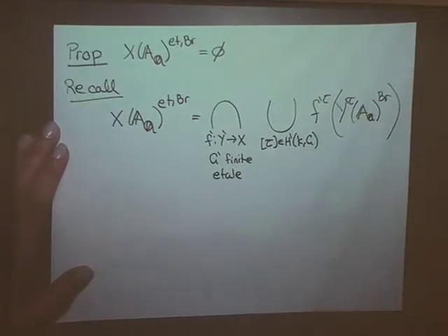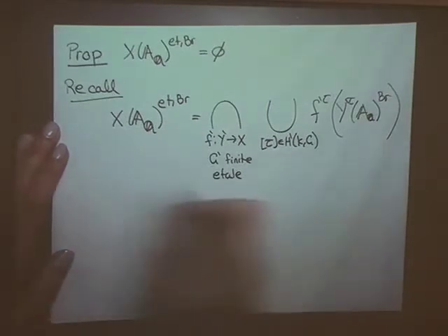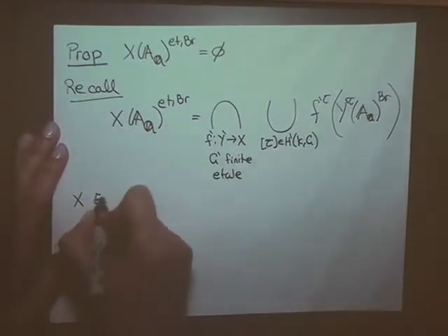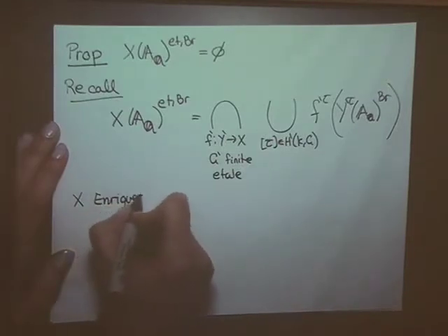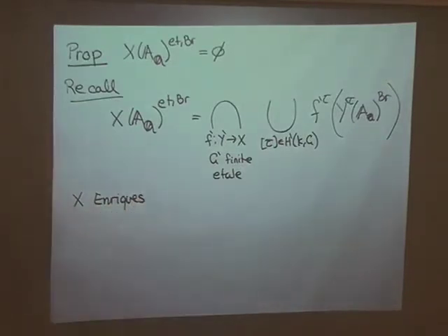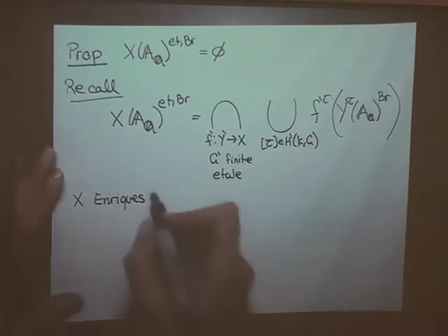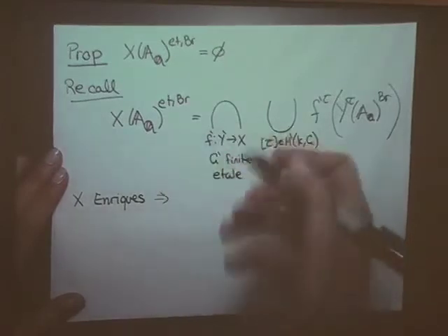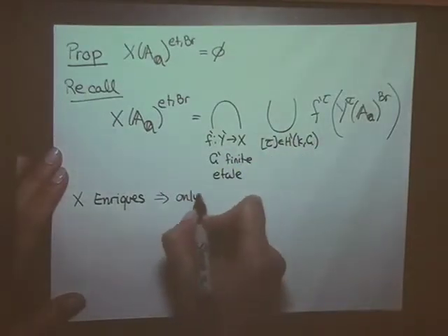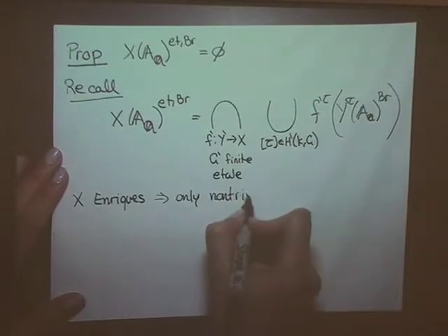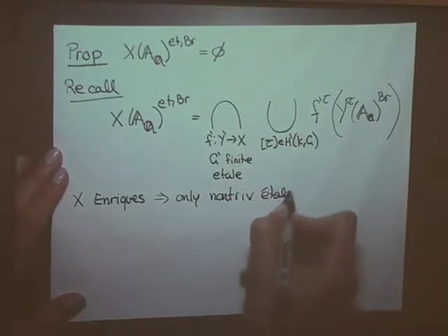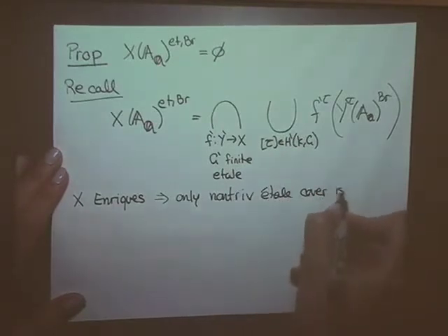Okay, so for an Enriques surface, it has an étale double cover that's a K3 surface, but K3 surfaces are simply connected. They have no non-trivial étale covers, not just double covers. So if X is an Enriques surface, the only non-trivial étale cover is the K3 surface.